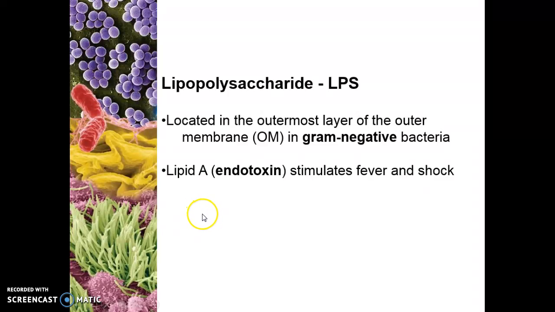If you remember from the picture just a few slides ago, it was like a half an inch, relative to the size of the cell, of a piece that was sticking out of the cell wall. There are a couple of different components of that molecule, but one major part is this lipid A component. The lipid A is also called endotoxin, and this stimulates fever, and in high amounts it can also stimulate shock.